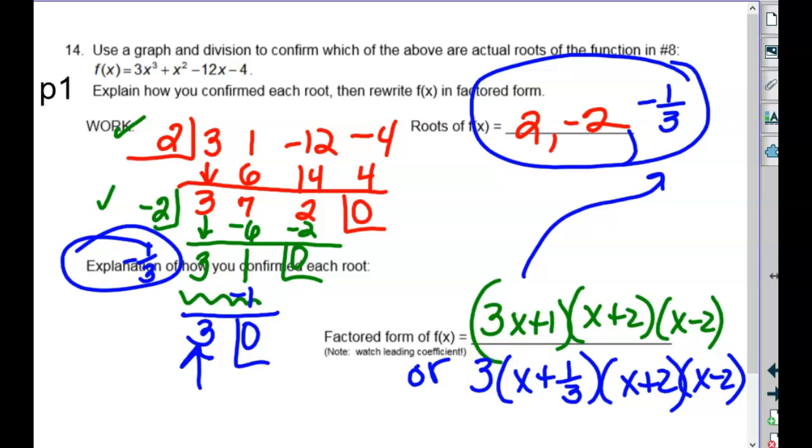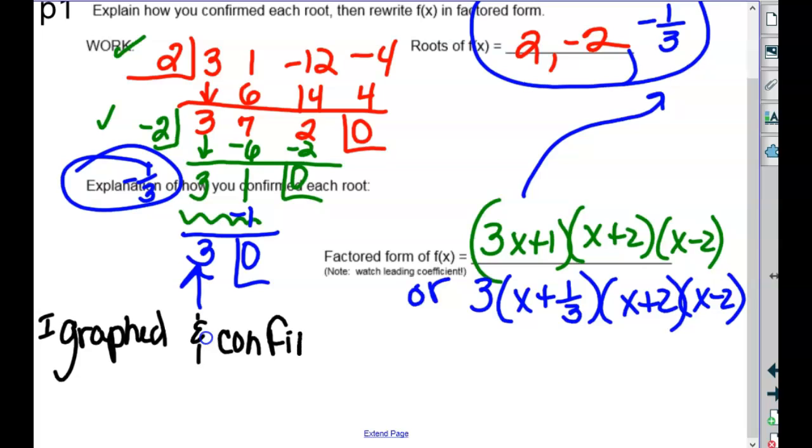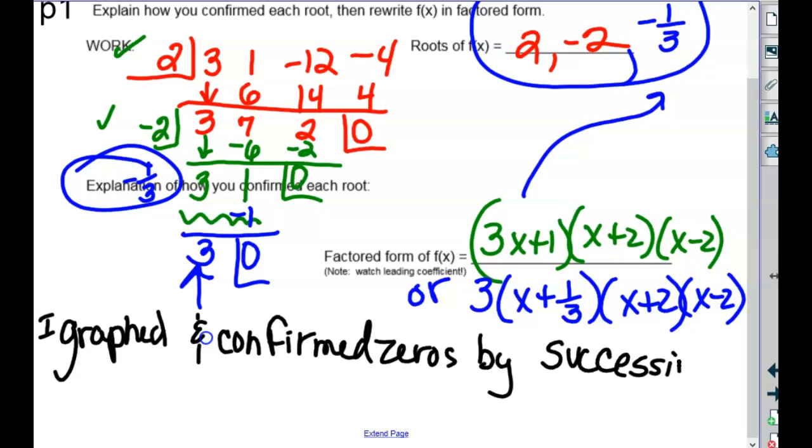Now, can anybody give me some words so we can practice what the explanation would be? I graphed. And then how did you confirm? Successive, meaning one right after the other. Synthetic divisions.